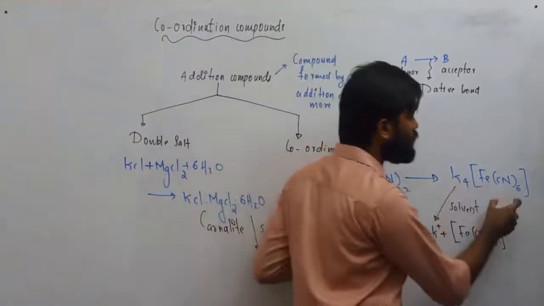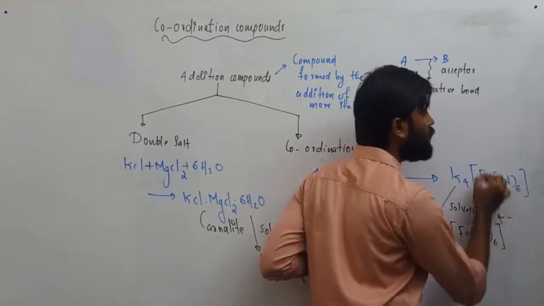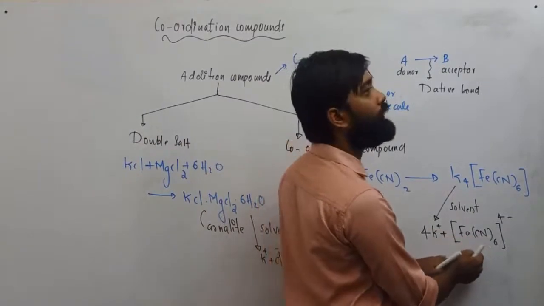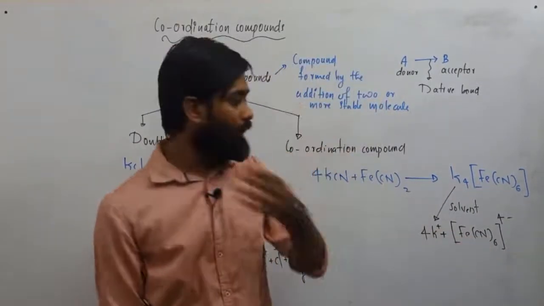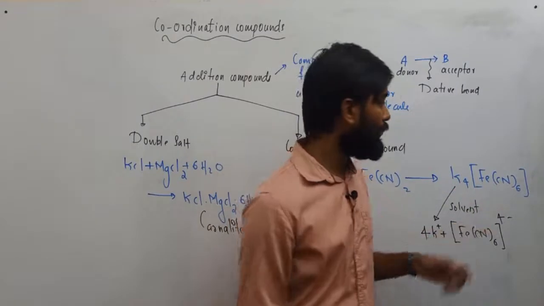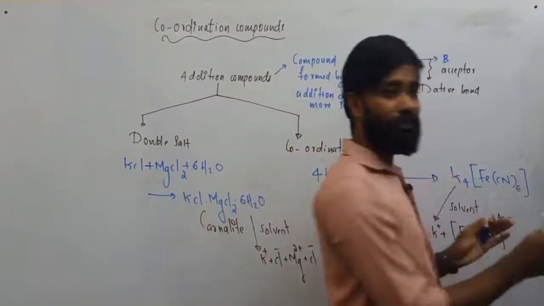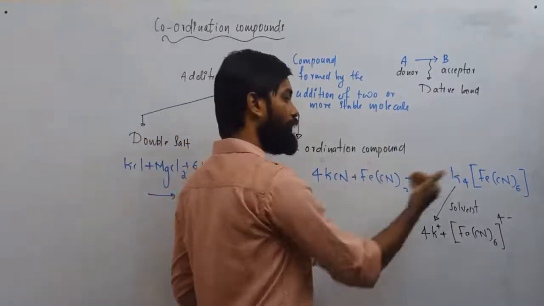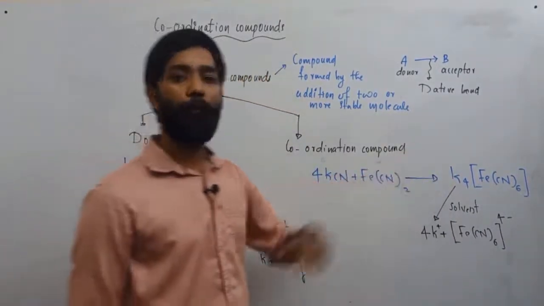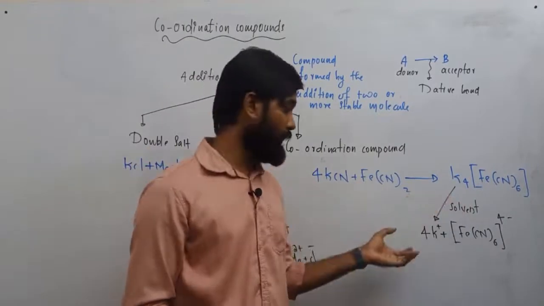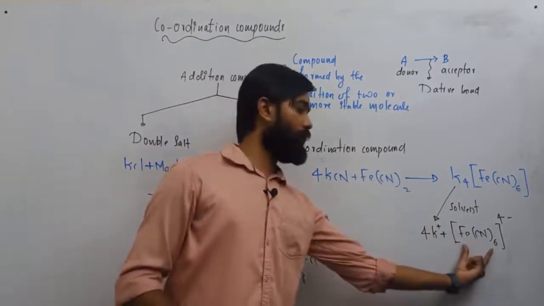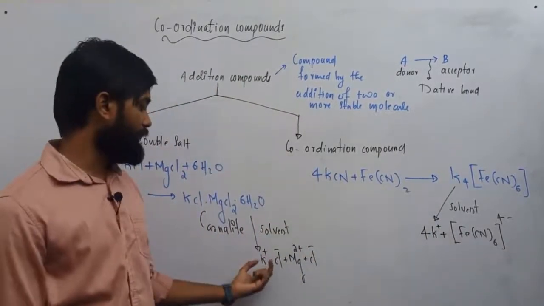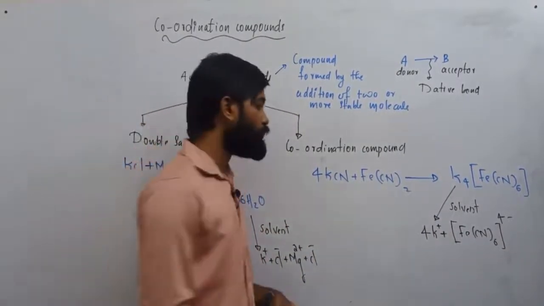The identity of the coordination compound is the portion enclosed in the bracket, and that identity is still retained. There is no change in that typical structure, [Fe(CN)6]. So on dissolving a coordination compound in a solvent, it still retains its identity. It is not ionized like a double salt. So that is the difference.